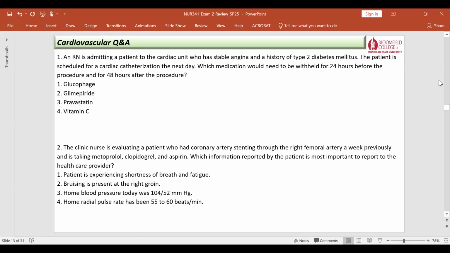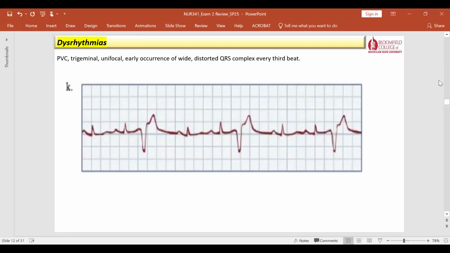Definitely you will find a tall peaked T wave, always going to be hyperkalemia, and sometimes also with a wide QRS. But if you just see a tall peaked T wave, that is evidence of hyperkalemia.